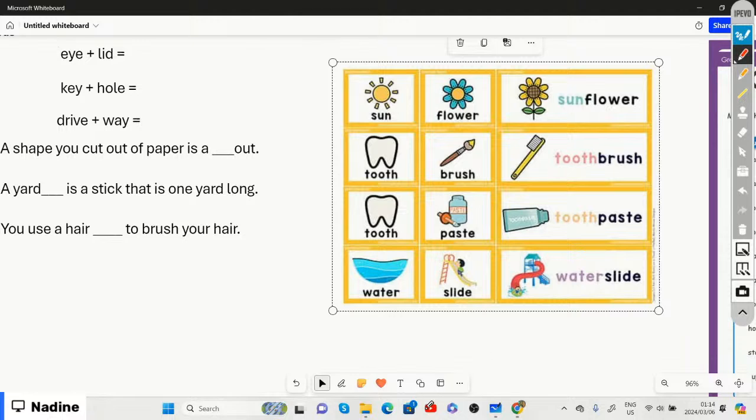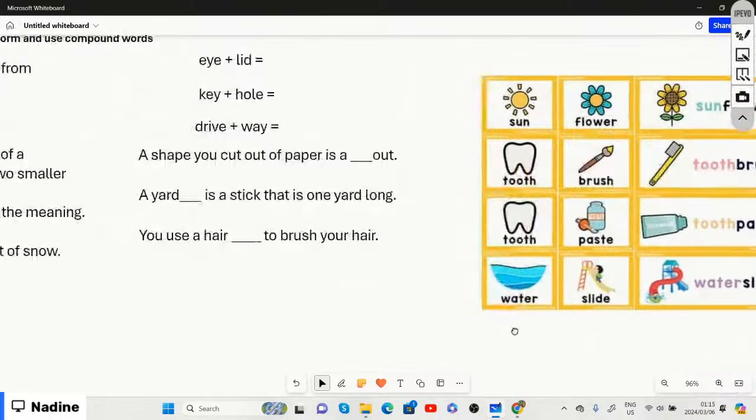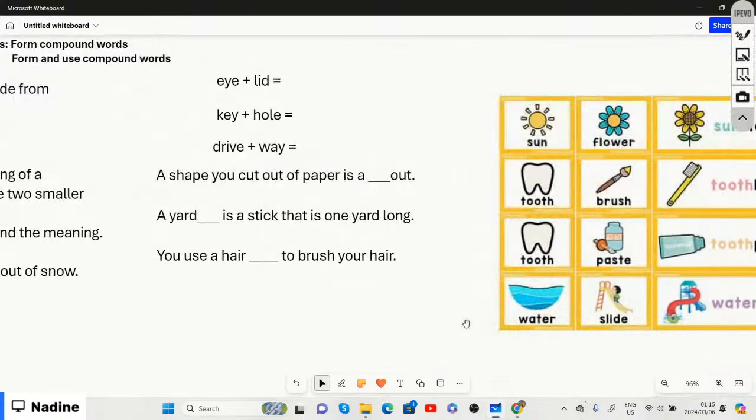These words were made up of two smaller words, and then we find the big word, which is called a compound word. All right, so now let's look at this activity.